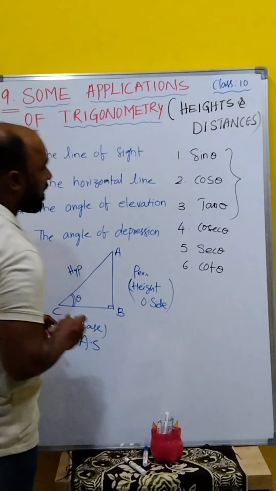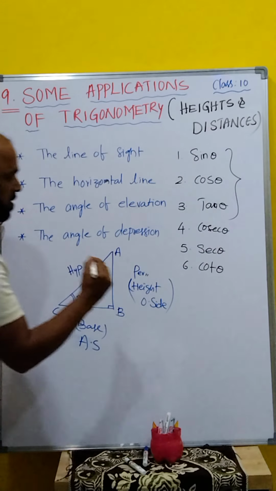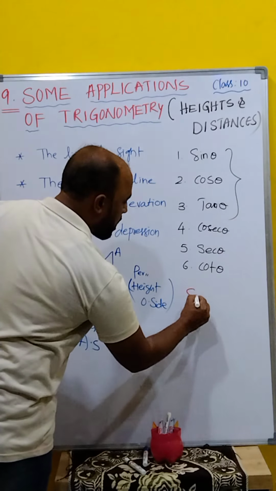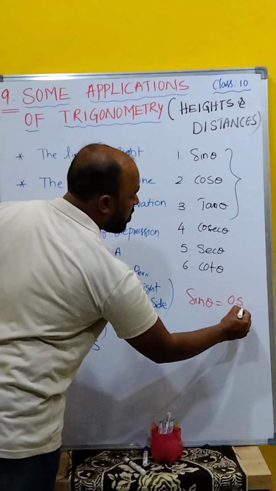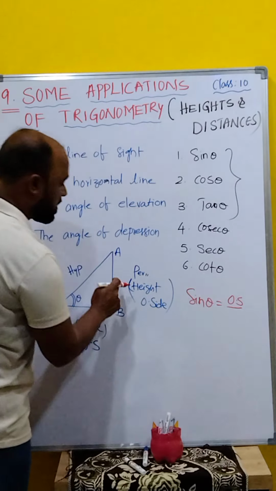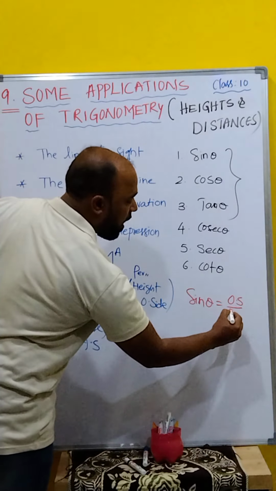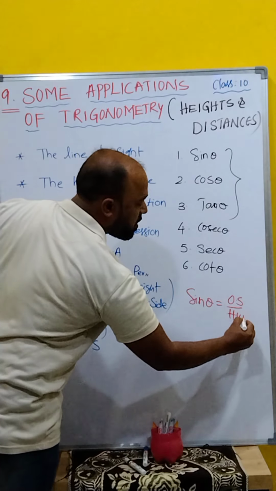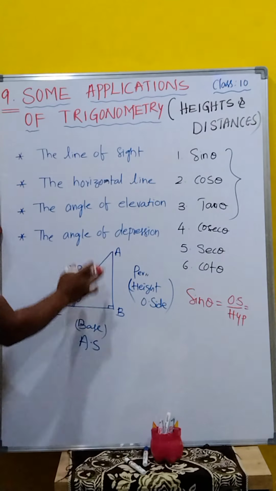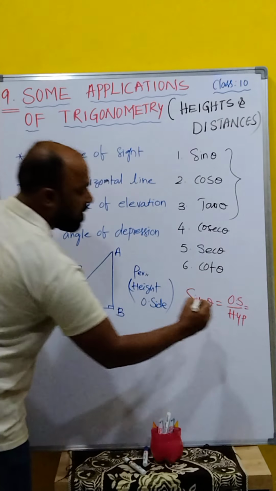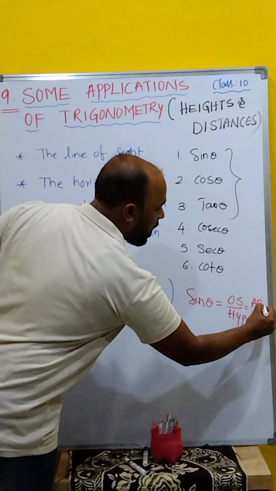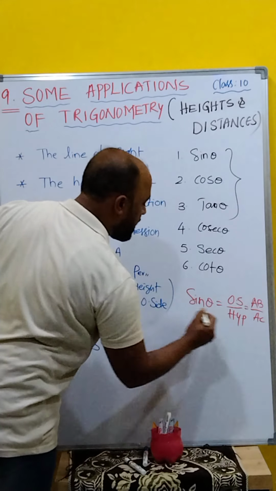First we will write the sine ratio. Sin theta is equal to opposite side by hypotenuse. According to this, what is the opposite side? AB by AC. Clear, children?